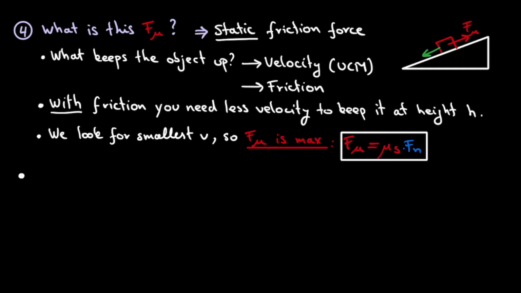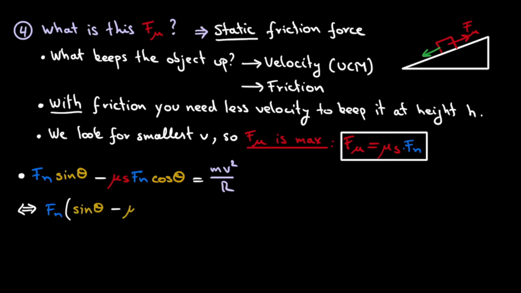So if we take our first equation again, we can simply replace F mu with this μs times Fn, the normal force. So we get that Fn times the sine of theta minus μs times Fn times the cosine of theta has to be equal to m times velocity squared divided by r. And of course we see that the magnitude of the normal force can be factored out of the two terms on the left hand side of the equality sign.